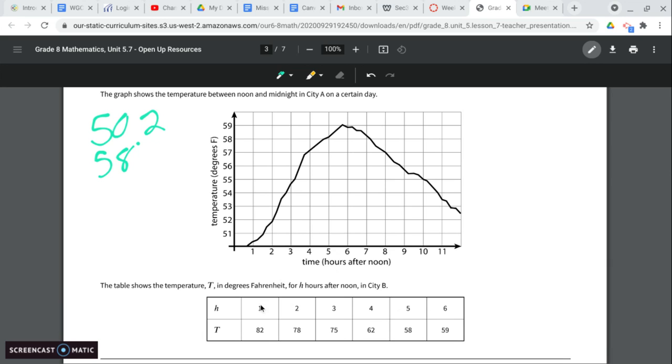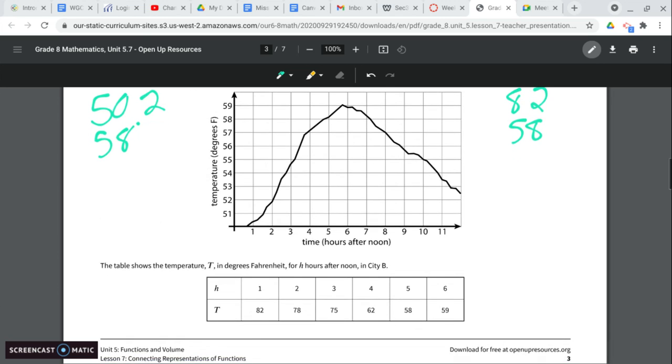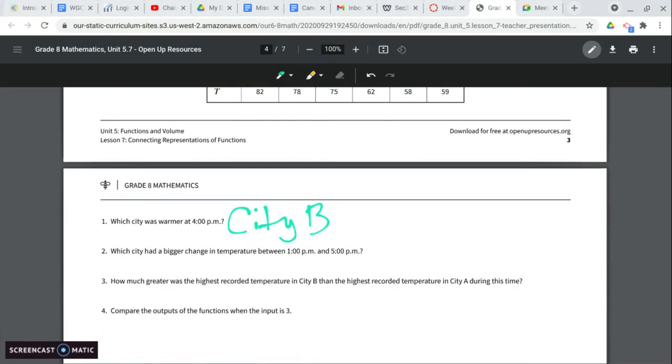Whereas city B from 1 to 5 went from 82 down to 58. So which is the bigger difference? About 7.8 degrees or a whole lot of degrees? Let's see, 82 minus 58 is 24. City B definitely had the bigger difference.